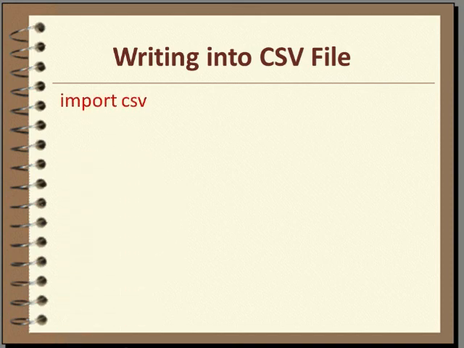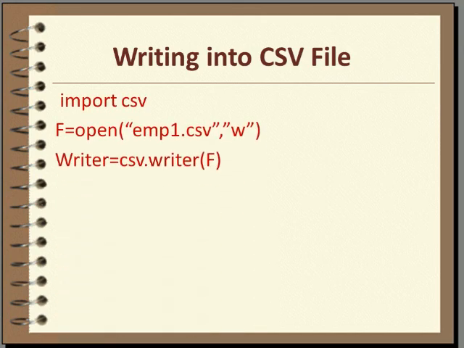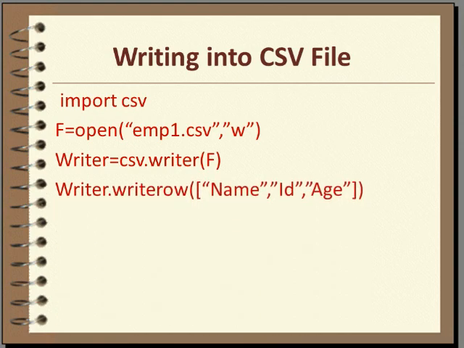Okay, so now we will learn and understand the Python program to write into CSV files statement by statement. So the first three statements, as I have already explained, here writer with capital W is the writer object, is equal to csv.writer. Now writer.writerow.